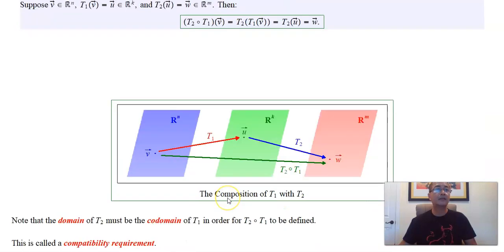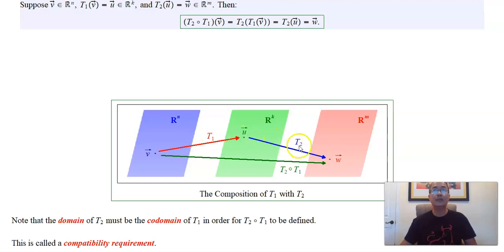So here's a diagram that describes what's going on here. Okay, so we have v, and we compute t1 of v. We're now in Rk. All right, so v is from Rn. It now transforms under t1 into a vector in Rk. Now what happens?